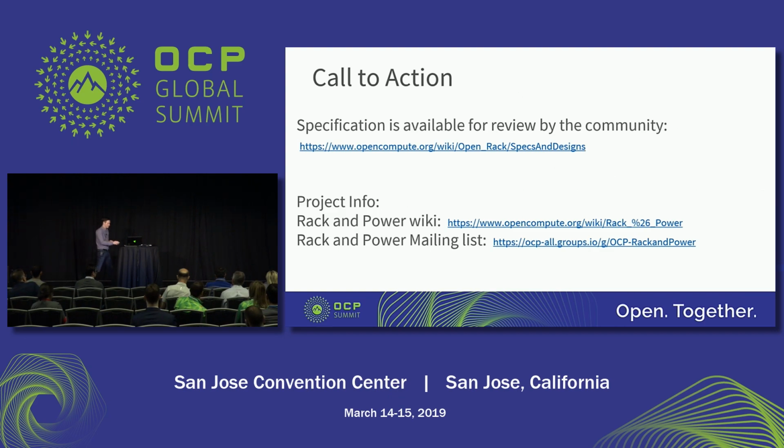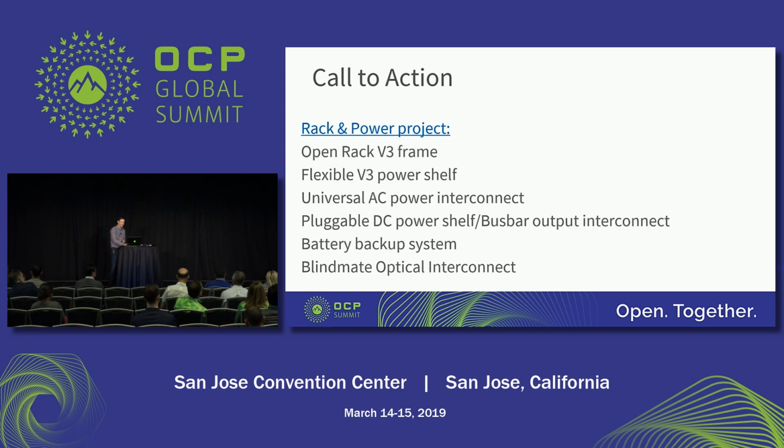So I'm going to show just some of the work that's going on right now. There are quite a bit of components that are going to go into the development of this architecture, so there's a pretty good list. As you can see, we're going to be busy in Rack and Power this year, developing specs for all this. Our ideal state is that we'll have open sourced specifications for all these available towards the end of the year.